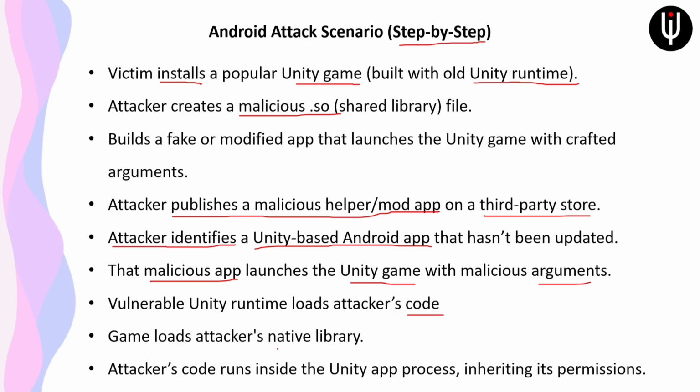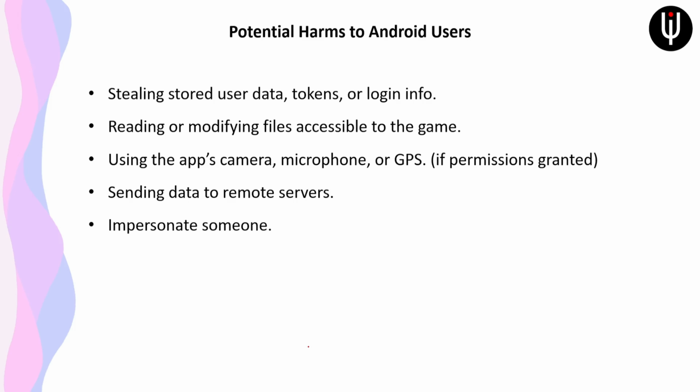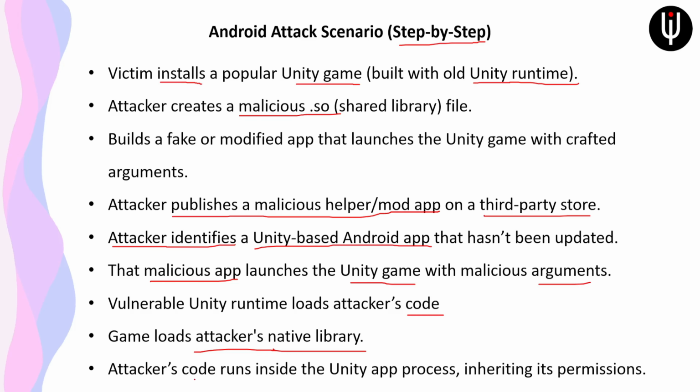Then the game loads a different library, the attacker's native library, and then the attacker runs code inside your Unity app and processes all the inherited permissions. That means if your app has asked for camera, contact, or any other permission from the user, the attackers can access those permissions.